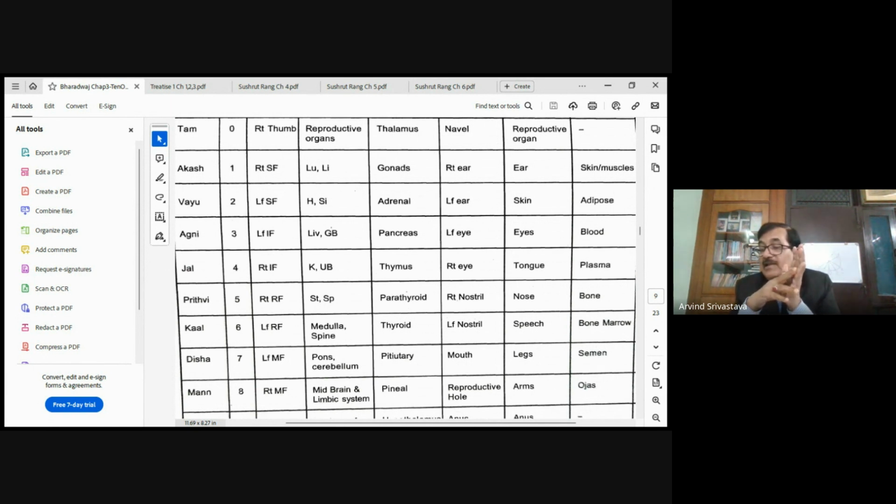Vayu, the wind, is known for its movement. Its movement is just less than Akash, but it is the most movable energy system. So what were the heart and SI doing? The heart is circulating the blood inside our body at the very highest speed.